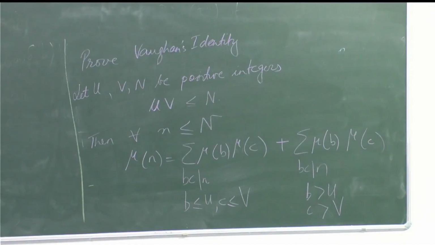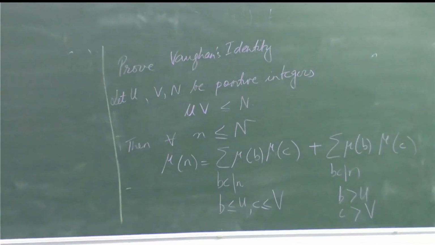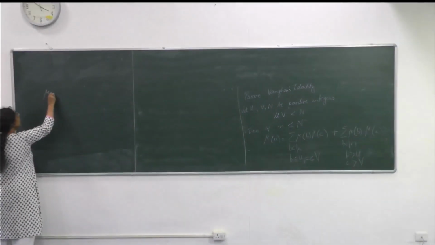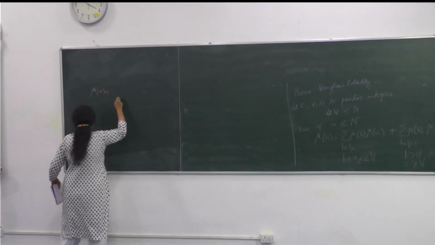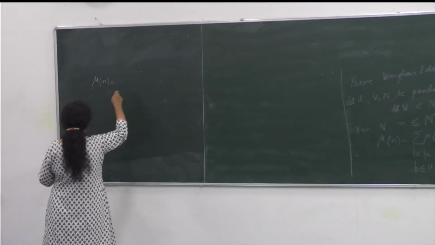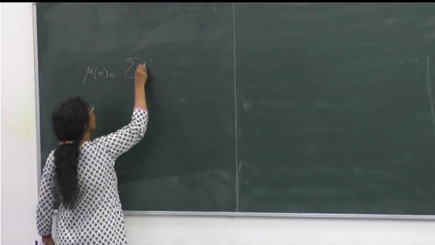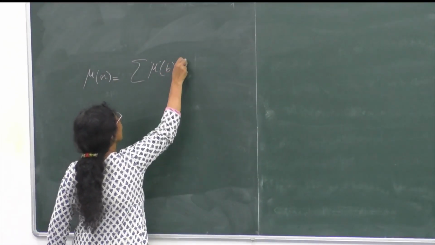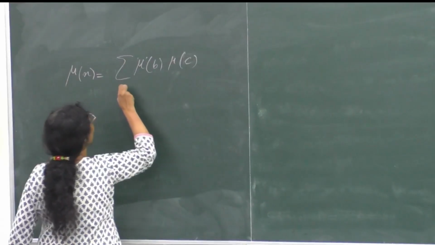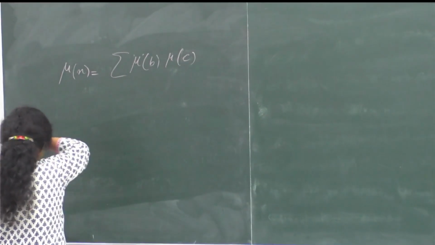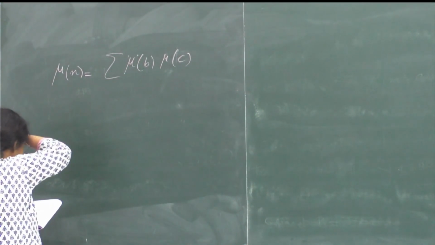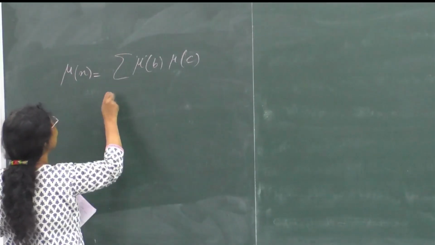For example, mu of n can be written as mu of b times mu of c for all bc which divides n.